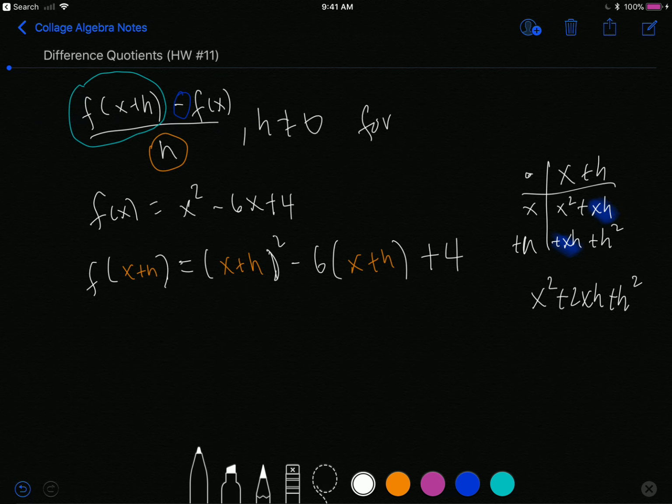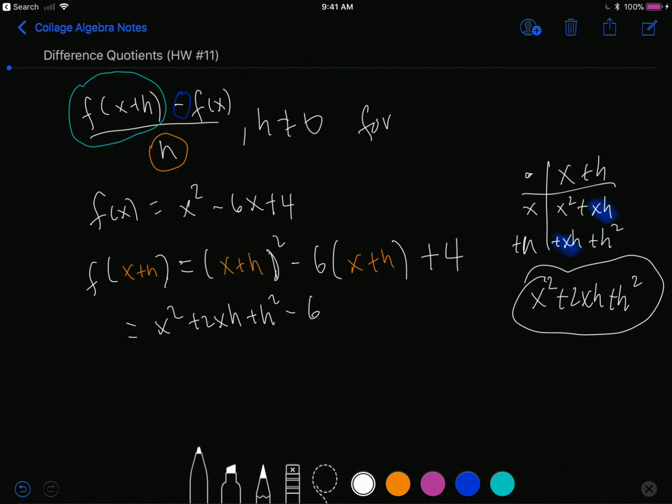In fact, (x plus h) squared will always result in this answer, so that's something you would want to take note of. So this becomes x squared plus 2xh plus h squared minus, you distribute the negative 6, and that gives us negative 6x minus 6h plus 4.